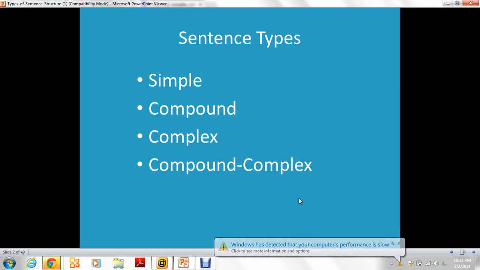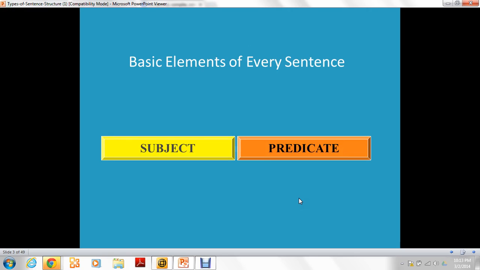You have 4 basic sentence types. You have simple sentences, compound sentences, complex sentences, and compound complex sentences. The basic elements of every sentence are a subject and predicate. And I think we discussed this back in probably like September of last year. Subject and predicate.